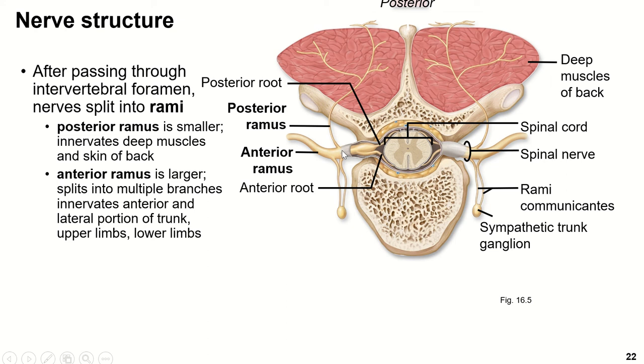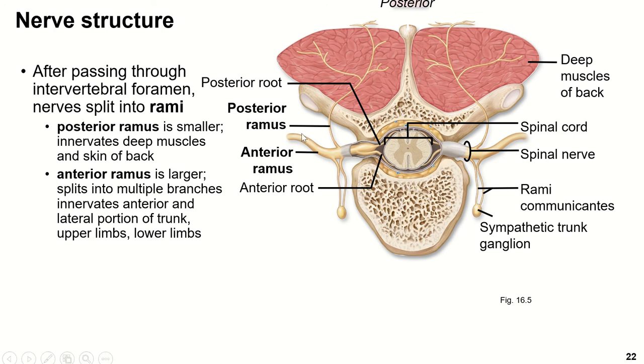The posterior ramus is going to head posteriorly and innervate the muscles of the back, especially those deep muscles, and the skin of the back. Okay, so all of those deep muscles of the back, especially those erector muscles, those postural muscles that we learned, and the quadratus lumborum and all those muscles, these are going to be innervated by this posterior ramus on both sides, one there and one there.